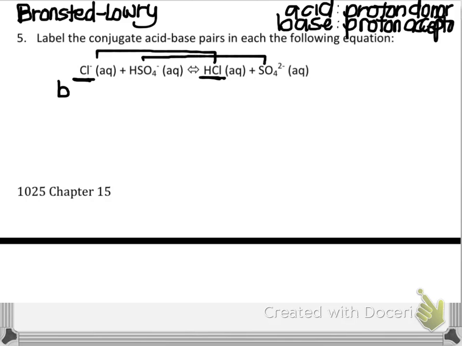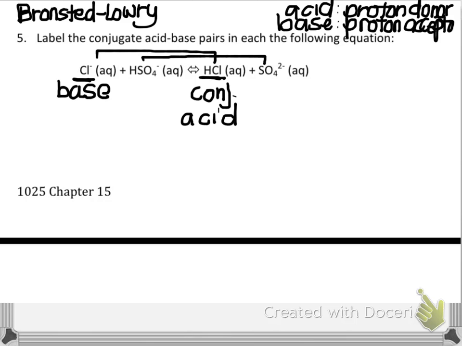Well, that means that chlorine is acting as a base because it accepted an H+. And the species that became, once it accepted the H+, would be called its conjugate acid. And so that is a conjugate acid-base pair. That's the base with its partner, its conjugate acid.